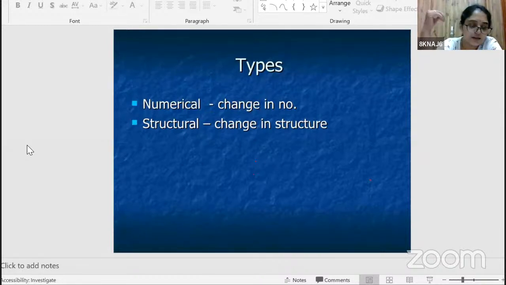And the last example quoted in your textbook is 47XX+21. There is an extra copy of chromosome 21, that is trisomy 21 or Down syndrome.